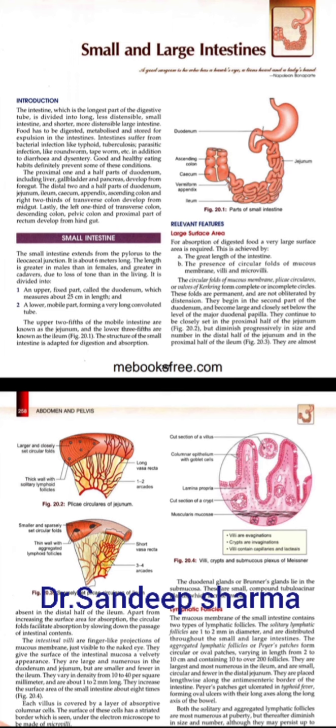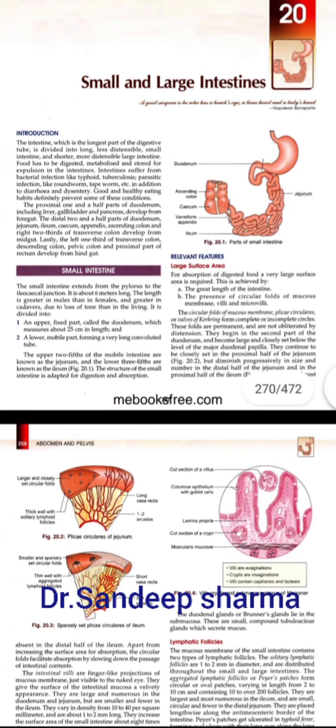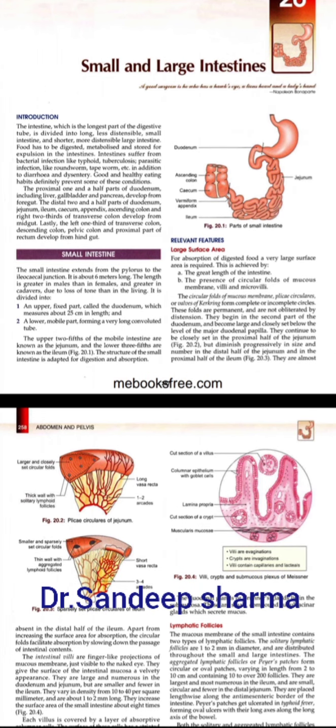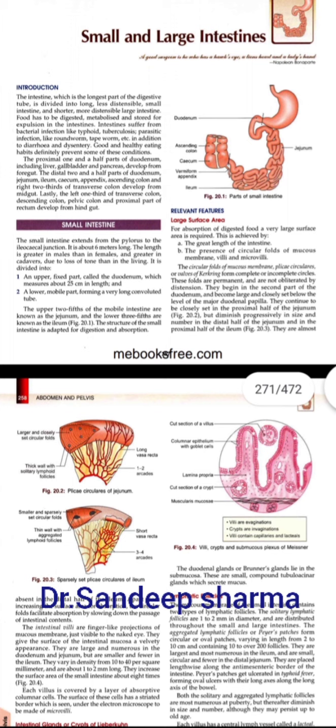There are some relevant features. Whenever the food material you take is digested or absorbed, a very large surface area is needed. This can be achieved only by the great length of the intestine, and there are circular folds of the mucous membrane called villi and microvilli.